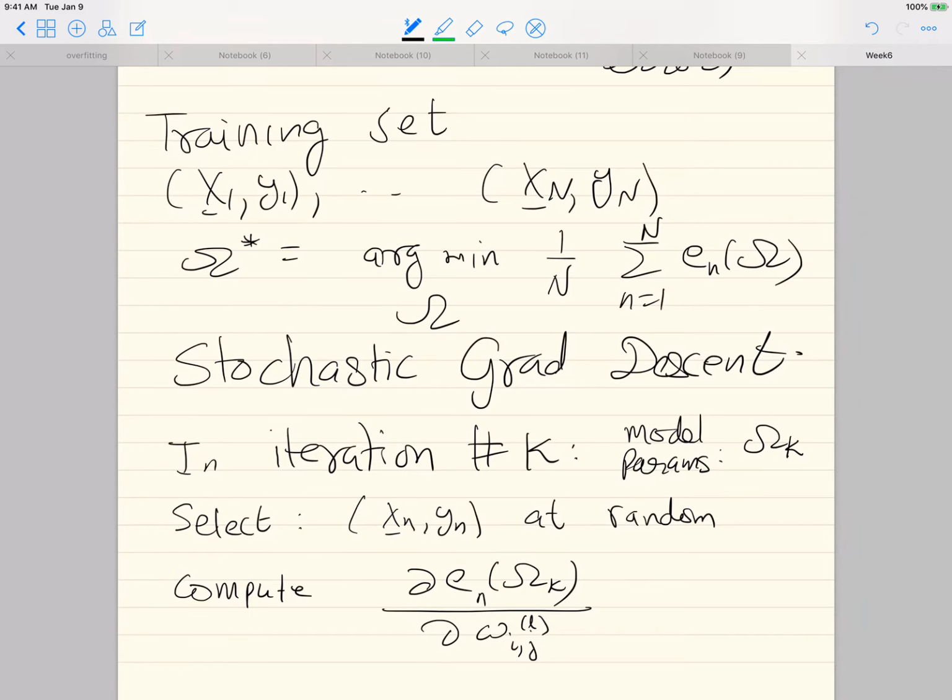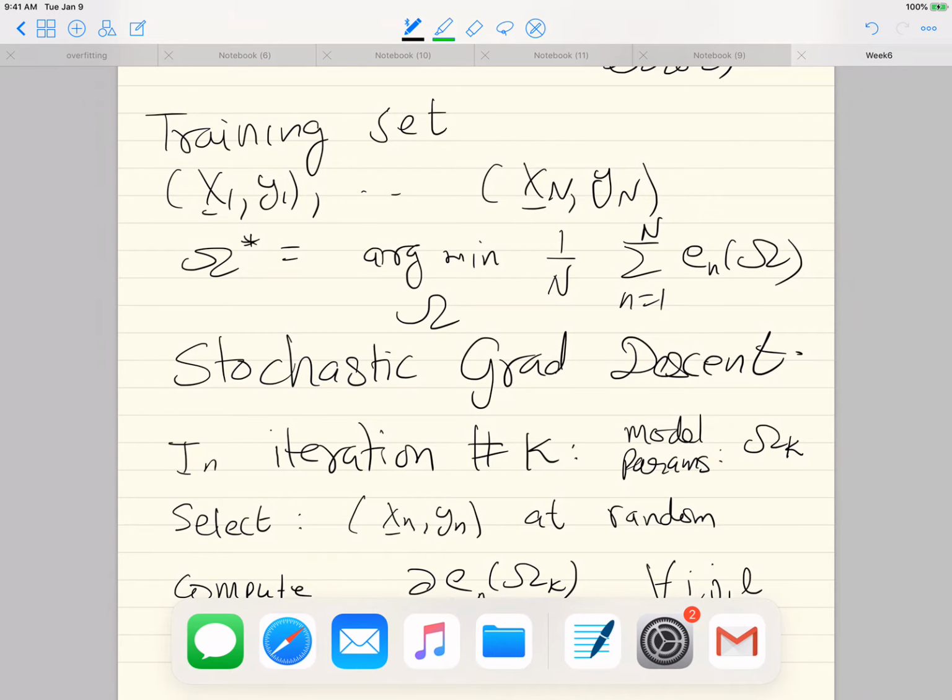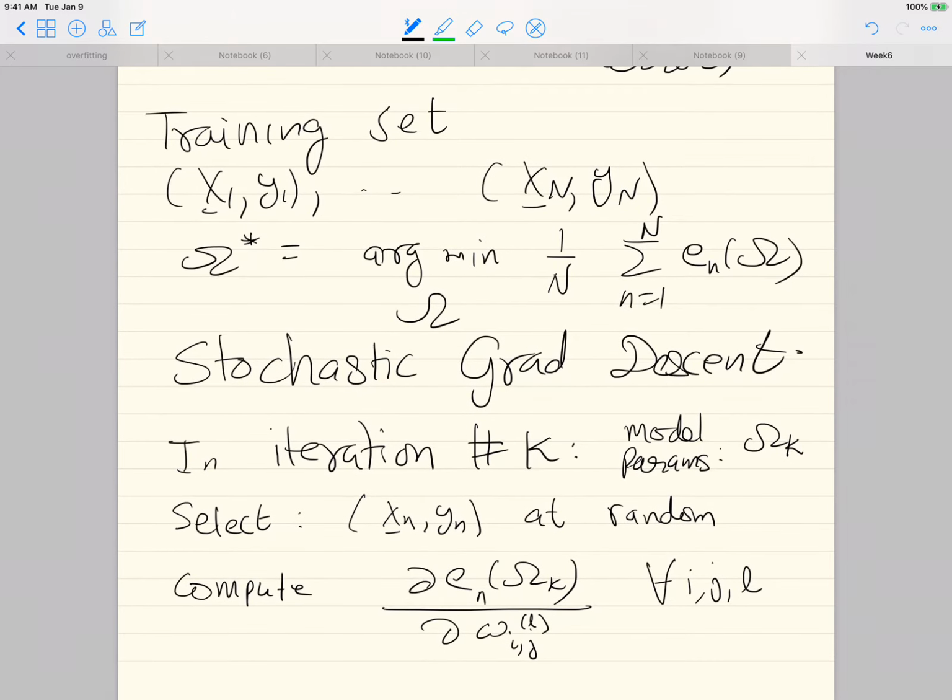We compute these partial derivatives for all values of i, j, and l. I haven't said how we will compute it, but let's say we compute it in this way. Then how will I do the update? What will come next?